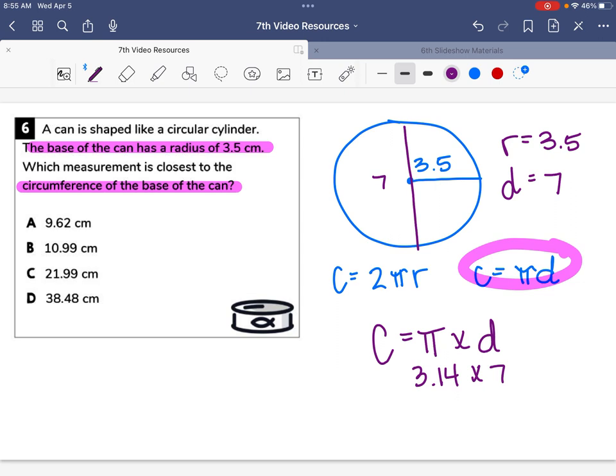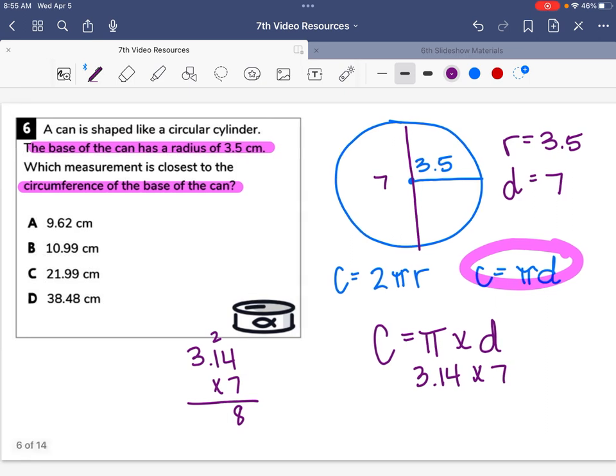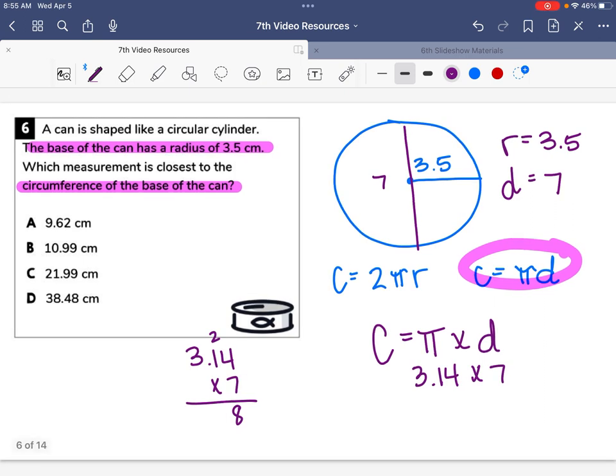I'm going to come over and do some arithmetic. So 3.14 times 7. 7 times 4, we get 28. 7 times 1 plus 2, we get 9. And 7 times 3 is 21.